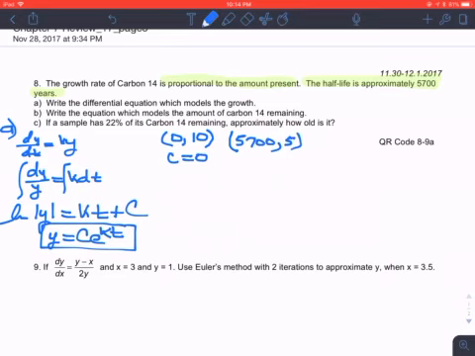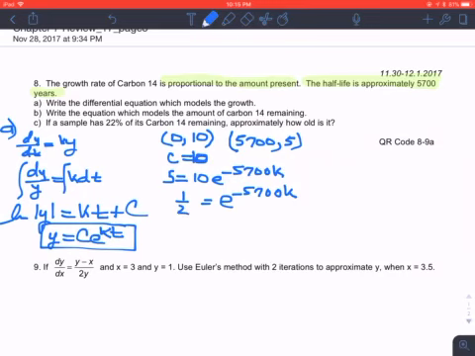So C, we should have said C was 10, sorry. So then what do we have when we plug it in? We get 5 is equal to 10e to the negative 5,700k, or e to the negative 5,700k is equal to 1/2.